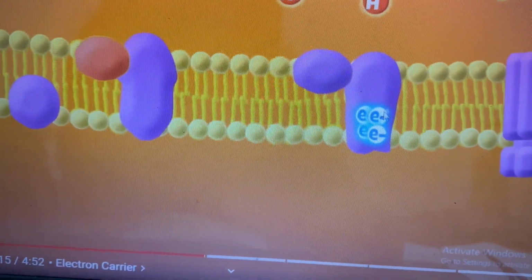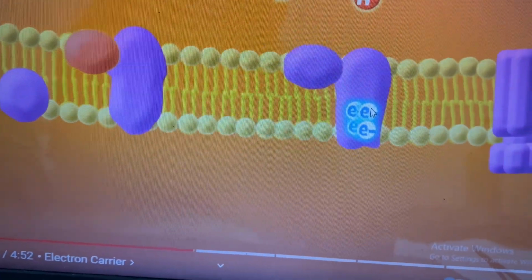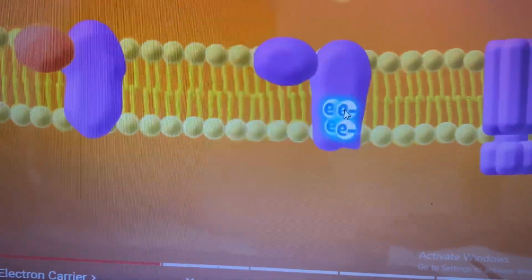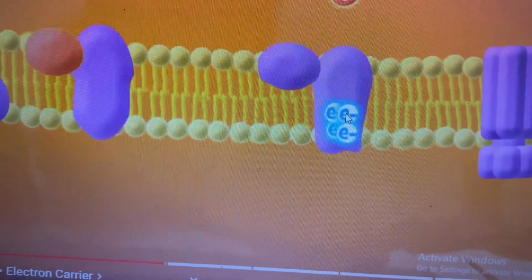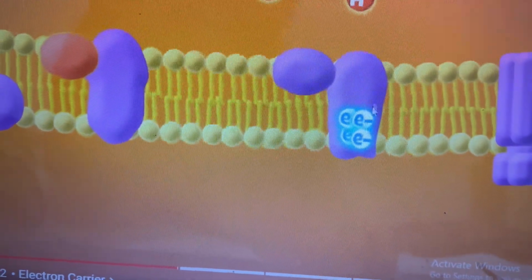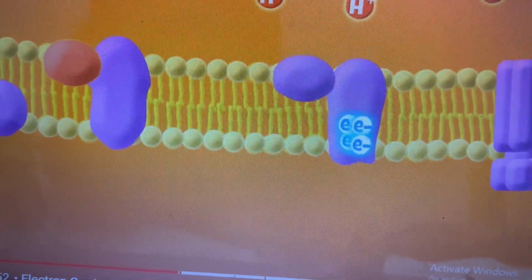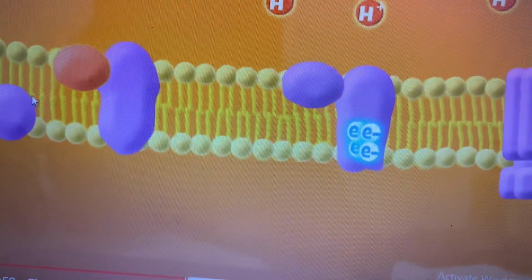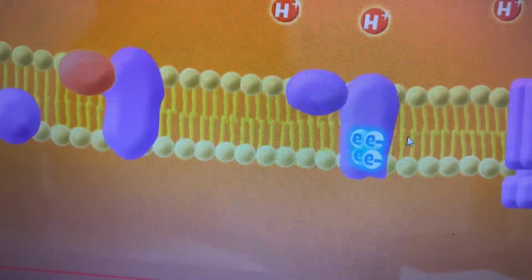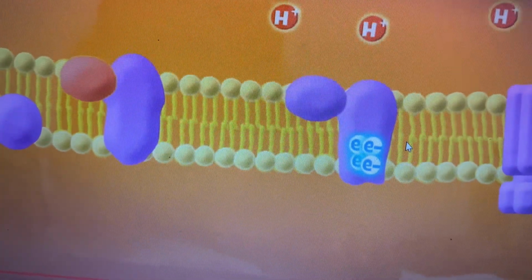Now where do you think these electrons will go? You have to remove these electrons from complex 4. Otherwise, you're going to suffer. If electrons get accumulated in complex 4, it is for sure that your electron transport system will collapse. And you know what will happen if it collapses, right? You know the potential consequences.